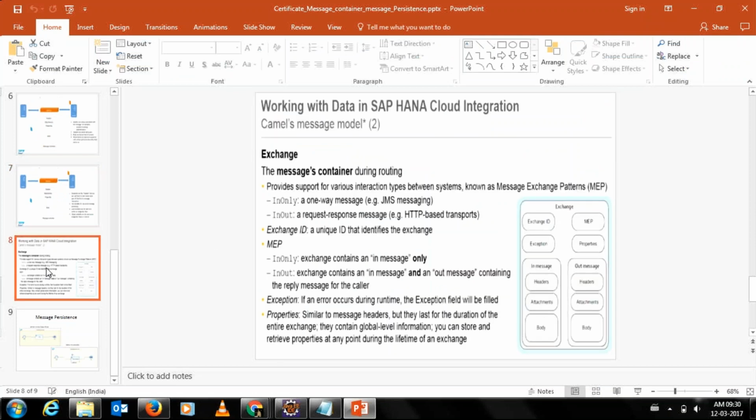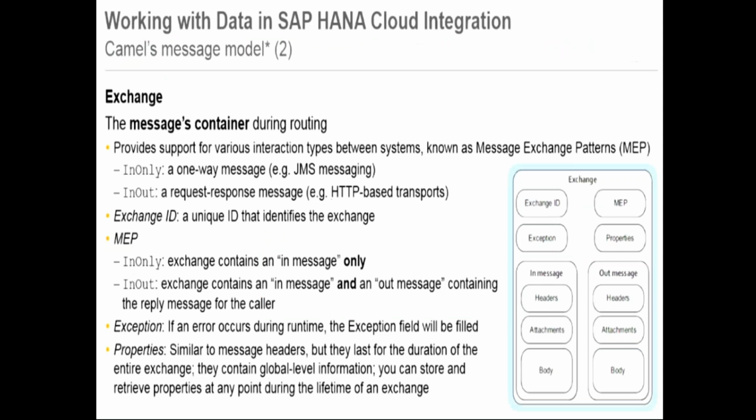So this is a typical message payload, means what exactly your message is. First of all, you have the in and out. You have the in message which is constant, and you have the out message which is constant. This is not changed at all. Your in message has a header, attachment, and body, and your out message again contains header, attachment, and body.